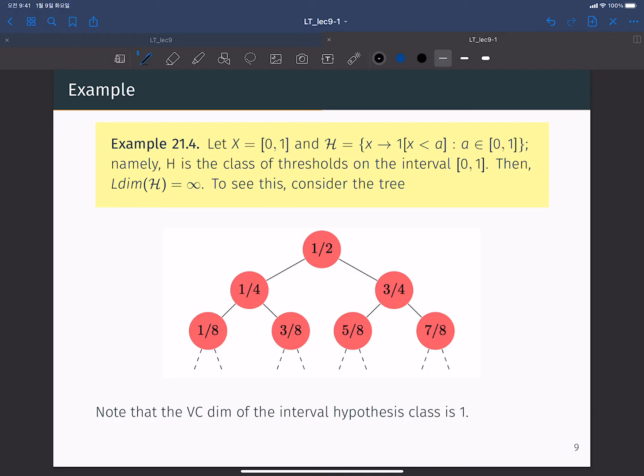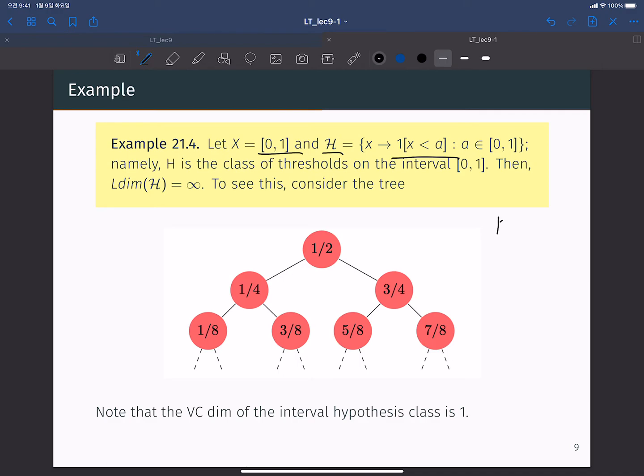The input domain is from 0 to 1, a finite interval of unit length. And let's consider a hypothesis class having unitary boundaries. So we have output value 1 when input x is strictly less than a. Otherwise, the output is 0.